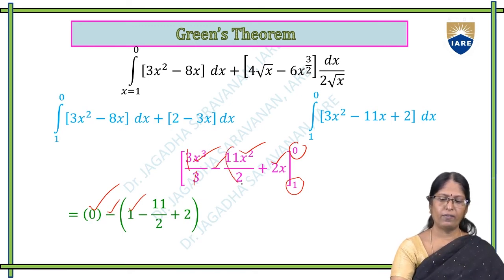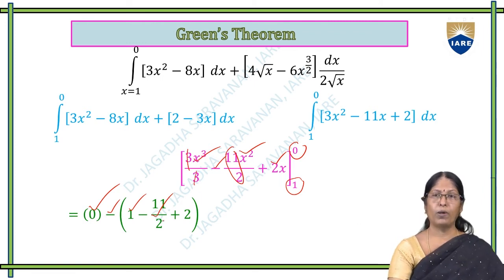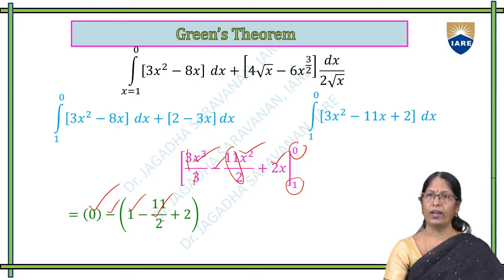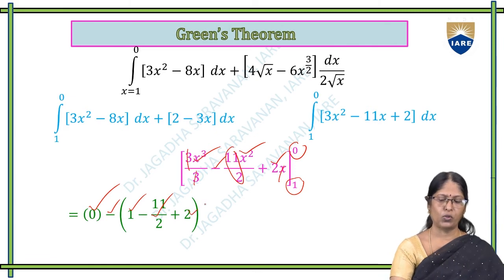Then minus 11 by 2, as 1 square is 1, so minus 11 by 2 into 1 is the same minus 11 by 2. Here x is 1, so plus 2 into 1, plus 2.